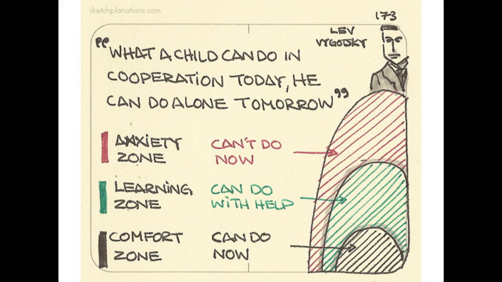So we have to use the art and science of what we know about how children learn to really look at getting kids into that optimal zone, that zone of proximal development where they can do it with a little bit of help, and it provides that challenge for the child that really engages them.